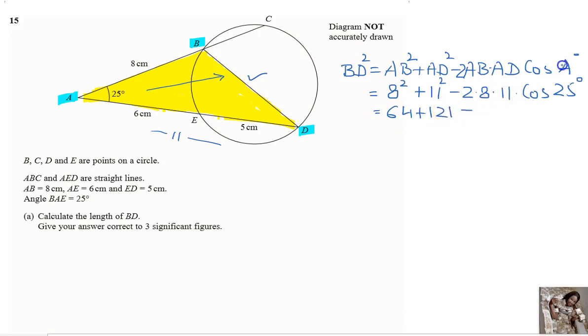159.51. So BD square is equal to 25.4898.